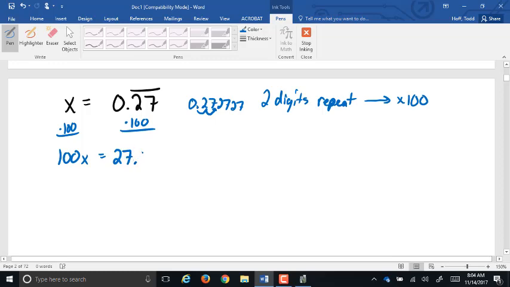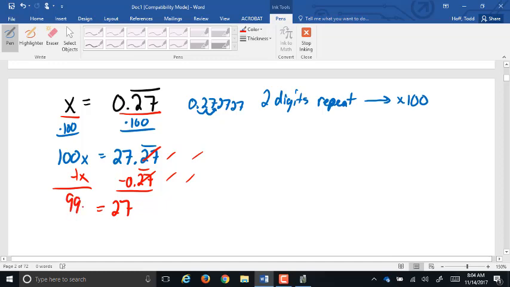So that's 27.27 repeating. And now once again, we're going to subtract the 0.27 repeating, so that just cancels out. All those repeating 27s cancel out. Now that was 0.27, so we're left with 27. Over here, we're going to subtract as well. Only 0.27 repeating equals x. So I'm just going to subtract x here. So it's 99x.